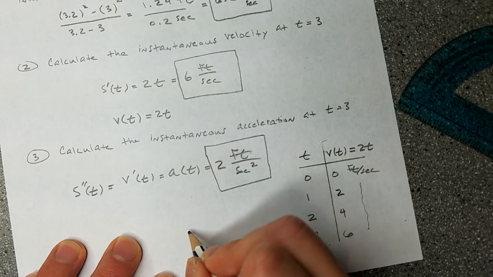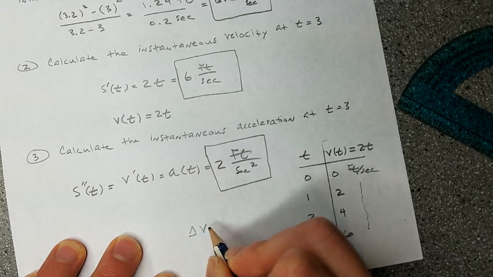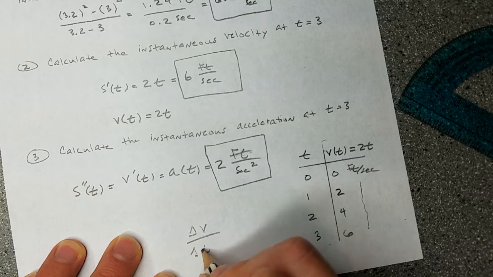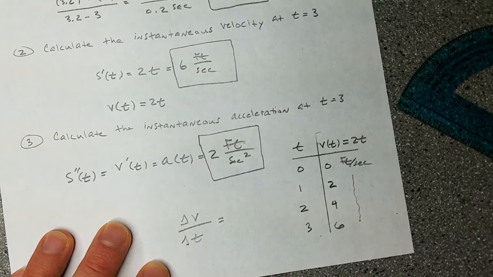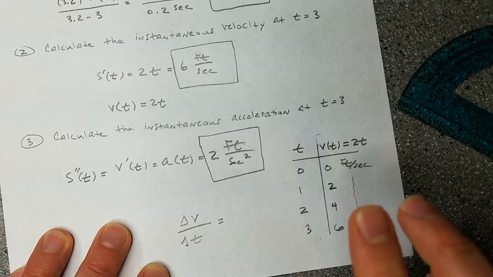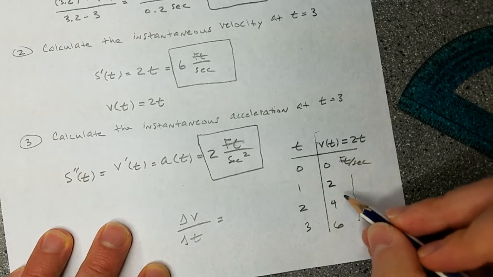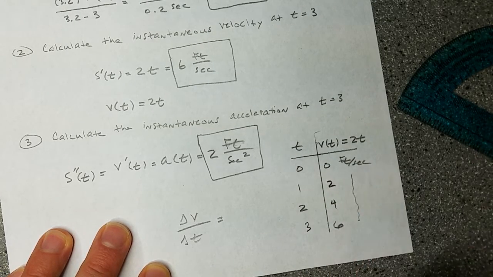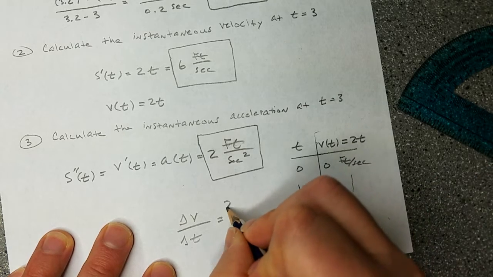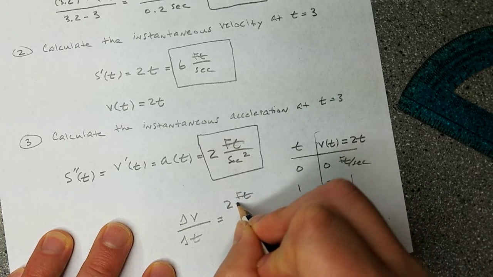You know how we use the delta notation. So delta v over delta t. How does the velocity change as time changes? Look at my numbers. What's 6 minus 4? What's 4 minus 2? What's 2 minus 0? The velocity is definitely changing by 2 feet per second.